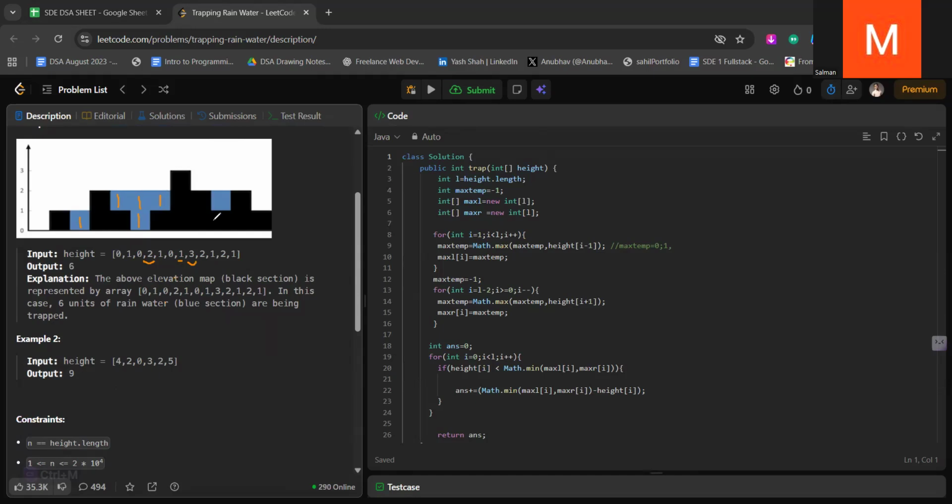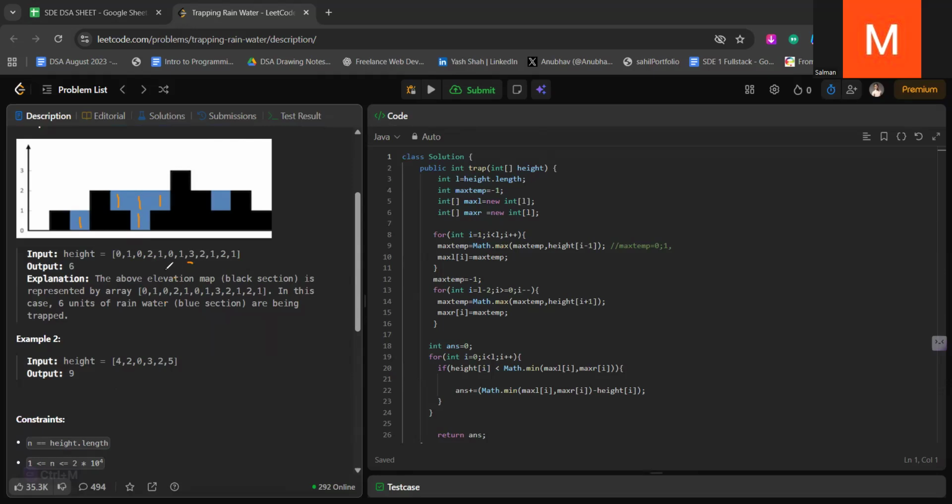Same here. Now let's move on to our next element, which is this highest element, which is 3. So our current element is the eighth element, which is 3.